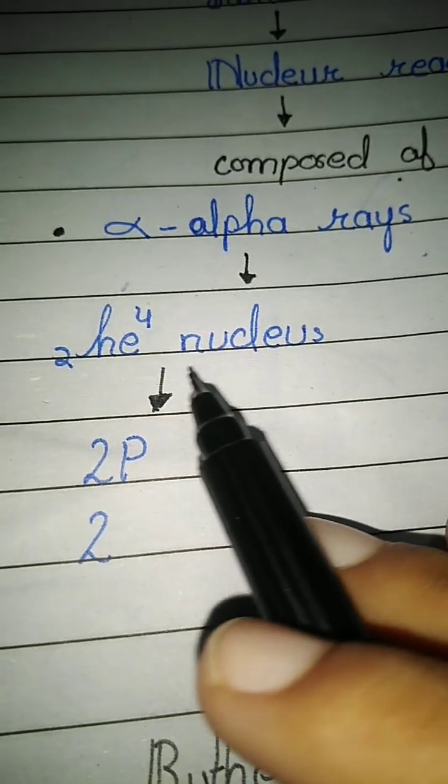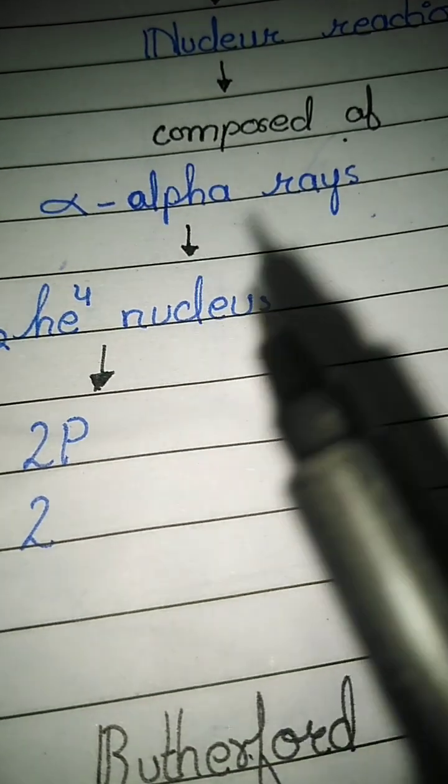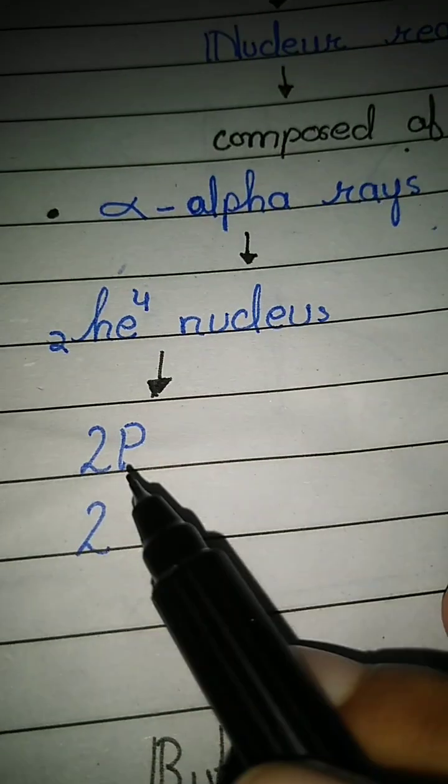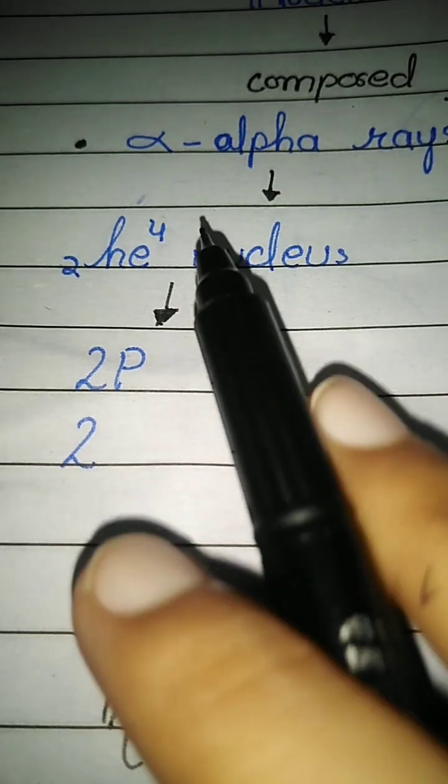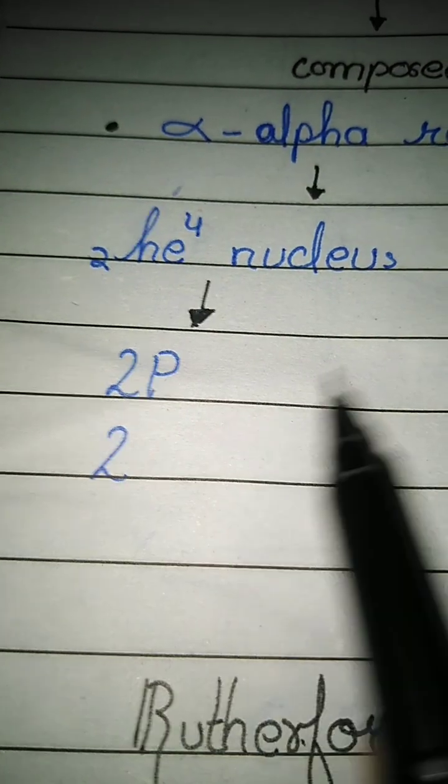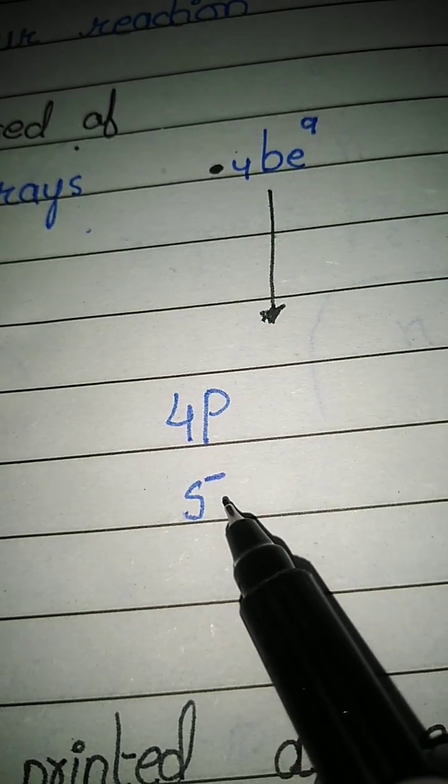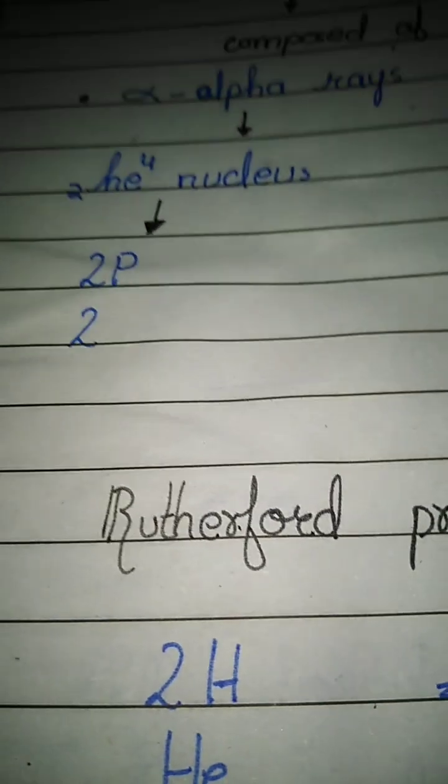Suppose that at that time people thought there are 2 protons in the helium and 4 protons in the beryllium. He subtracted the 2 protons from the helium and got the number 2 extra. And he also subtracted the 4 protons from the beryllium and got the number 5.